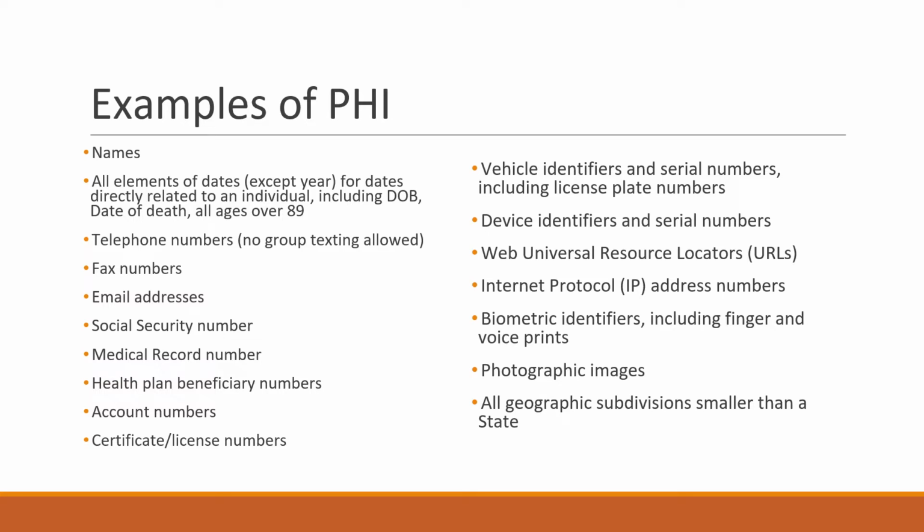So when you're thinking about the identifiers, it doesn't matter if it's an internal number or code or an external number or code. It could be an identifier of PHI.